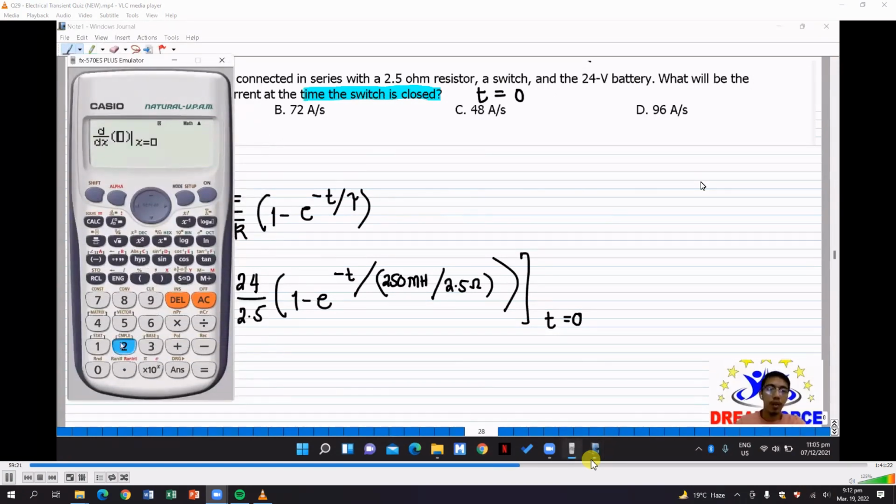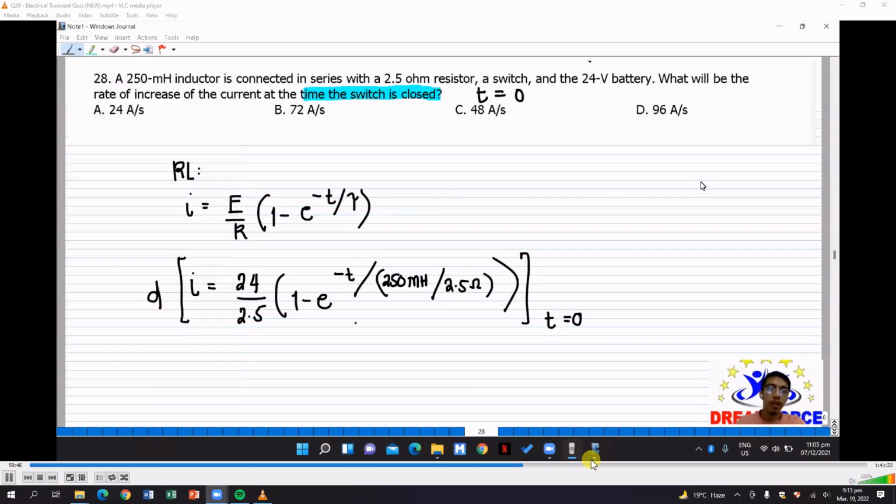So derivative ng 24 over 2.5 multiplied by, we have 1 minus E raised to negative X over 250 millihenry divided by 2.5, given that T is equal to 0 or X equals 0. Okay, so we have di dt that is equal to 96 ampere per second. So we have letter D.